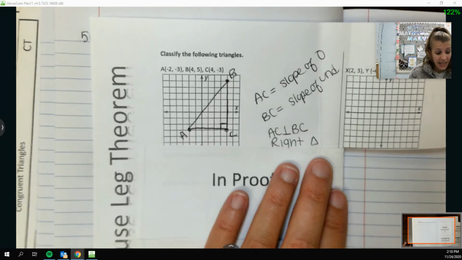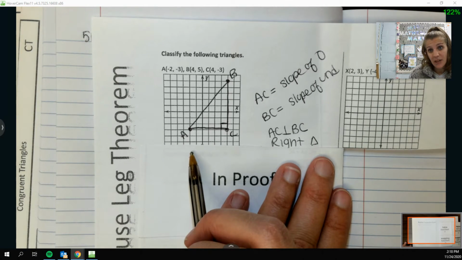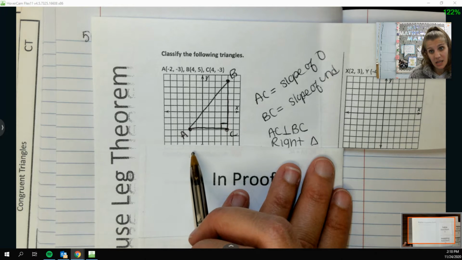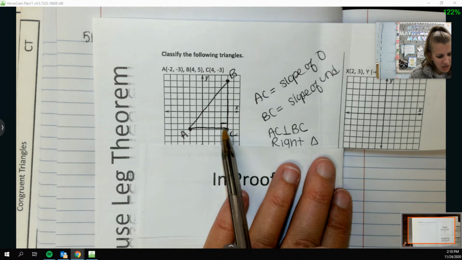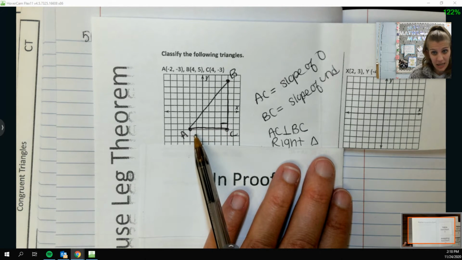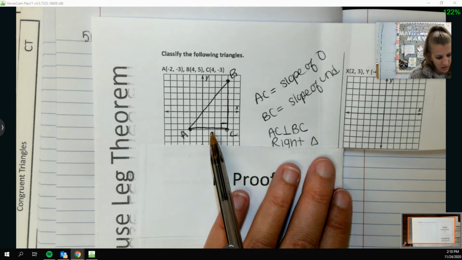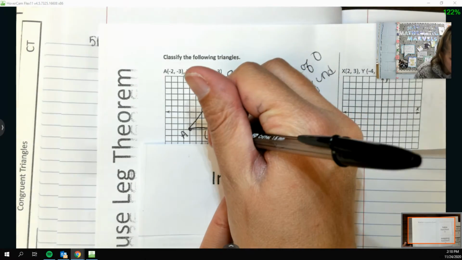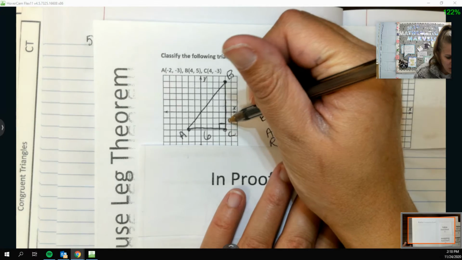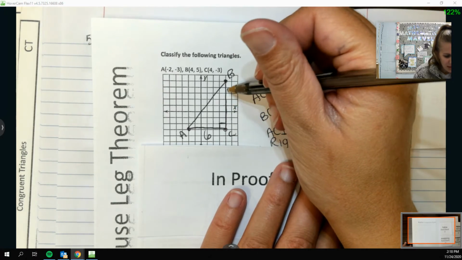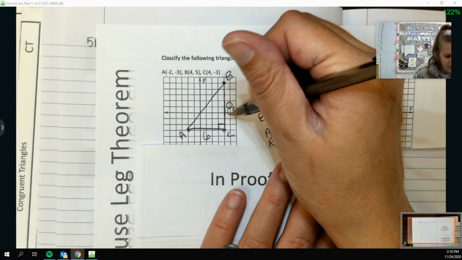Now, I can also figure out if it's scalene, isosceles, or equilateral, because when the line is just horizontal like this, I can just count how long it is. So this is 1, 2, 3, 4, 5, 6 units long. And this is 1, 2, 3, 4, 5, 6, 7, 8 units long.